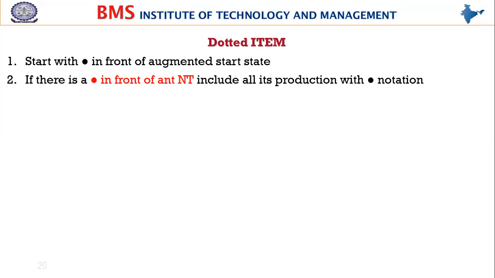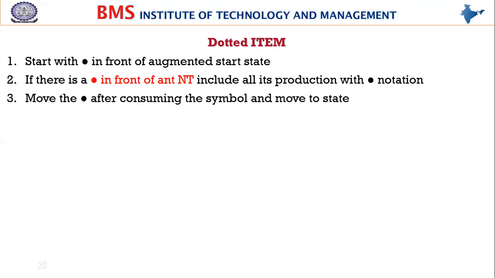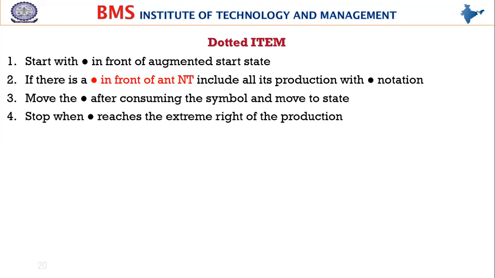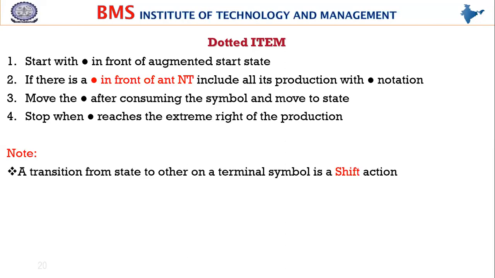Move the dot after consuming the symbol and move to the next state. So after consuming a symbol, you cannot remain in the same state. We will go from one state to the other. What are the states? We're going to see that. Stop when the dot reaches the extreme right of the production.